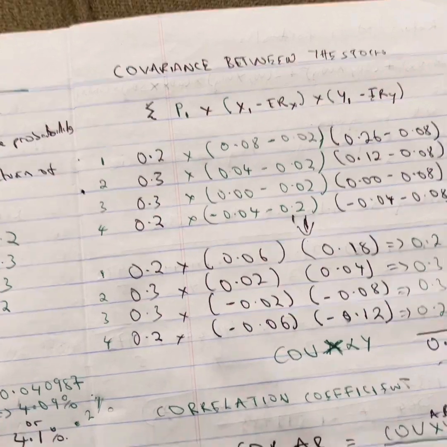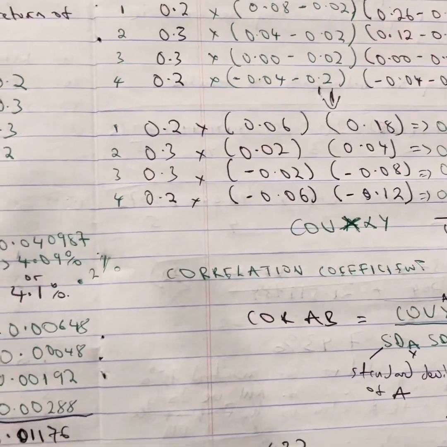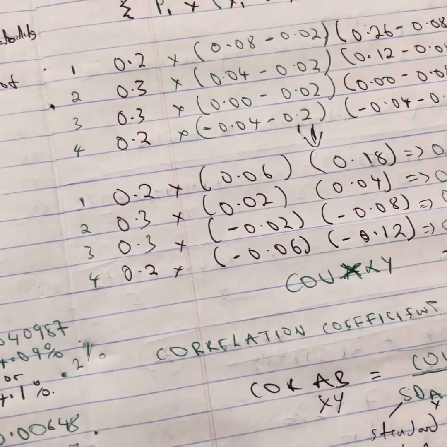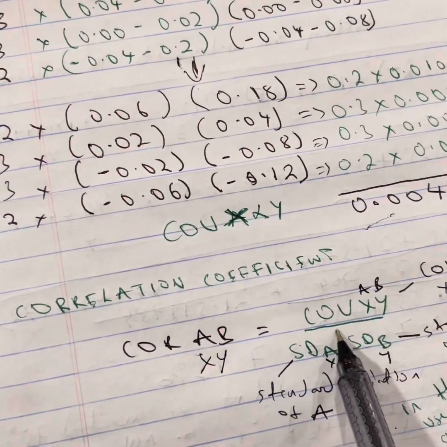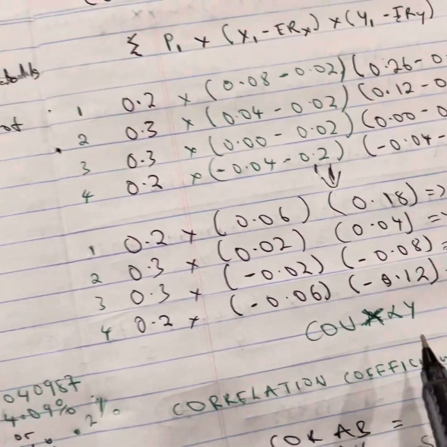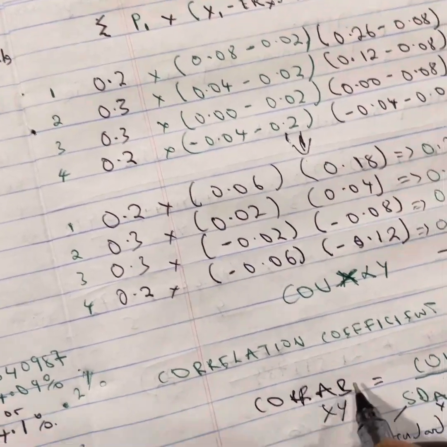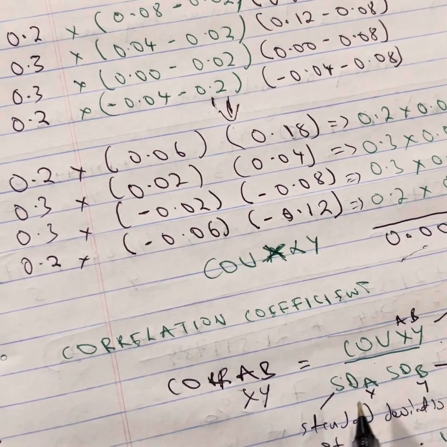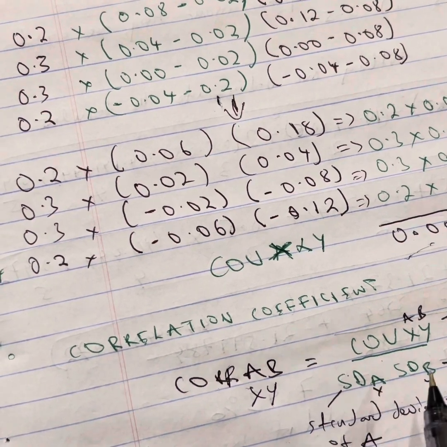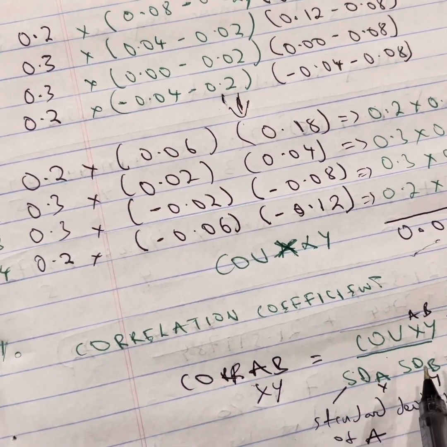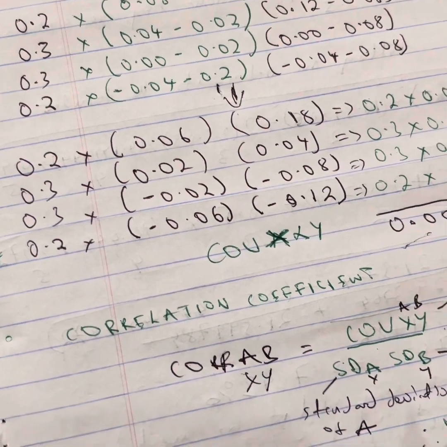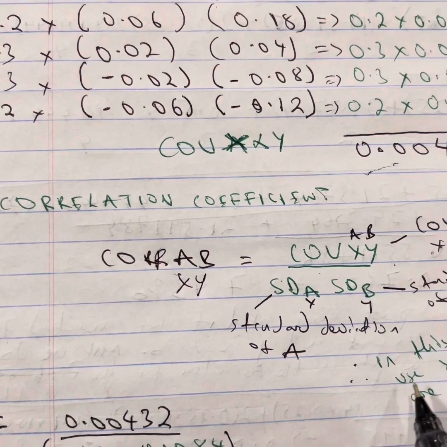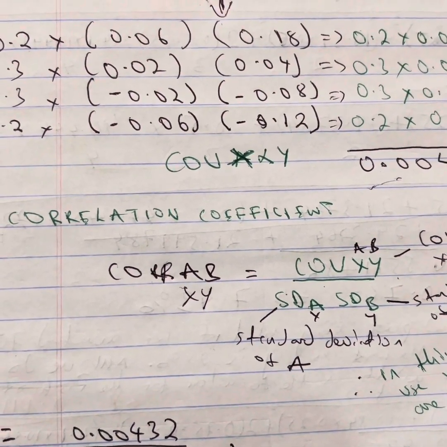Right. In finding the correlation coefficient between A and B, or again X and Y, the correlation between X and Y is equal to the covariance between X and Y all over the standard deviation of X times the standard deviation of Y. The reason why there's A and B here is because there are times the stocks might be given to you as A and B. You understand? That's why I've written here that in this case we use X and Y since those are the stocks.